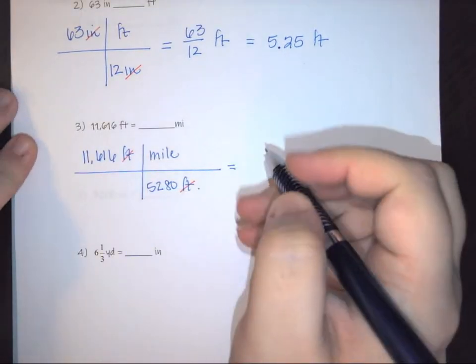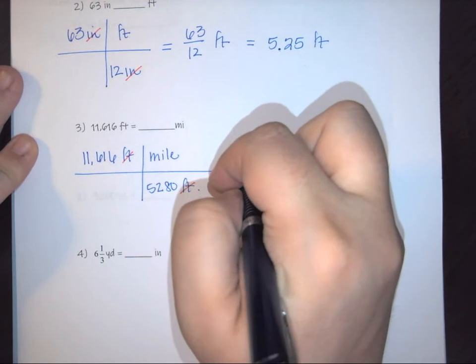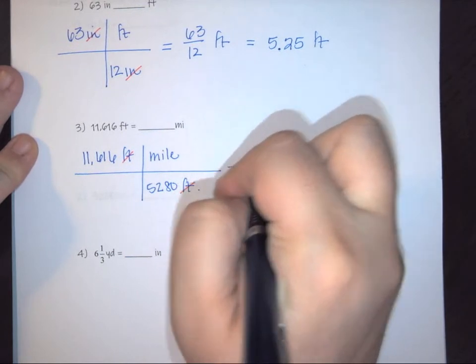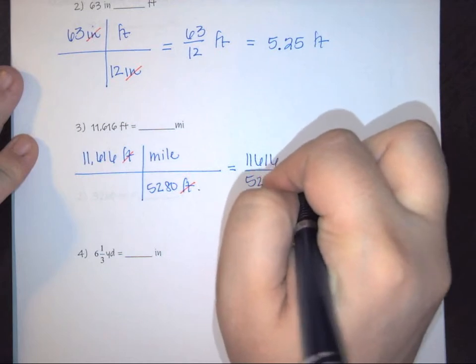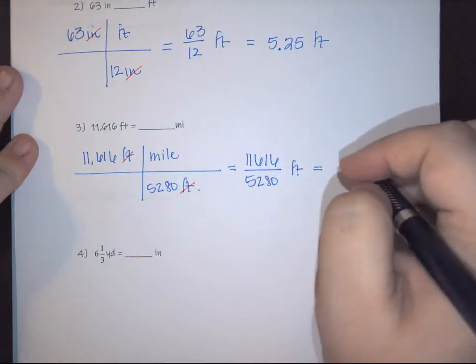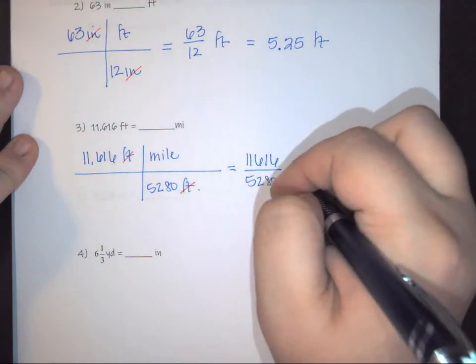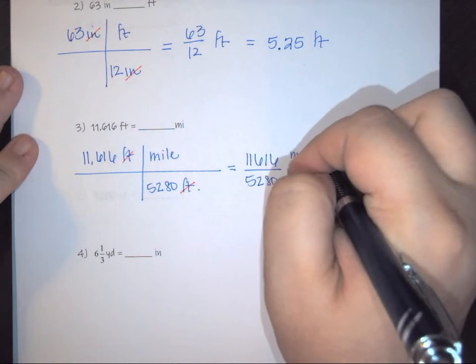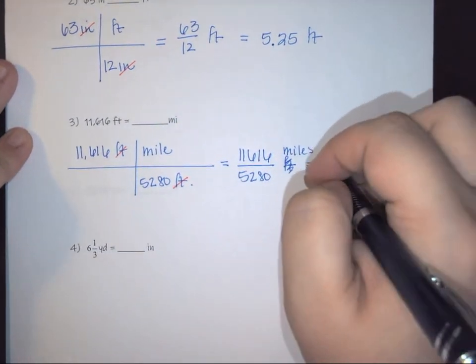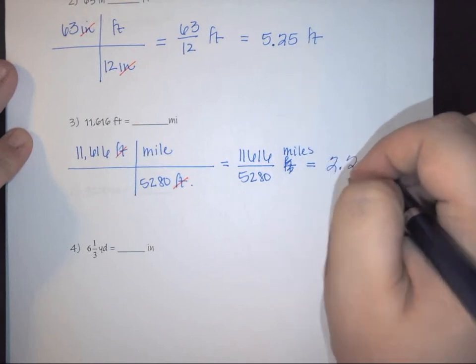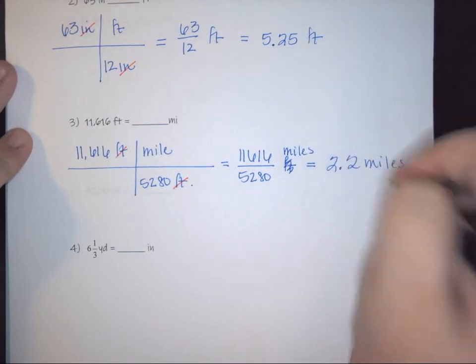So in performing my math, this would be 11,616 over 5,280 miles, which is going to give me 2.2 miles.